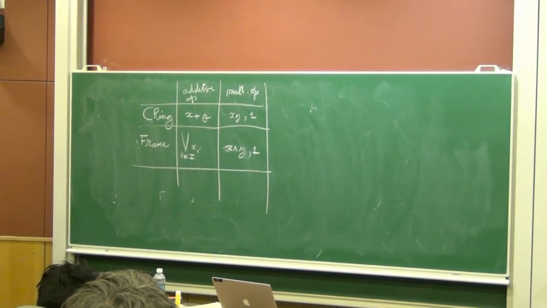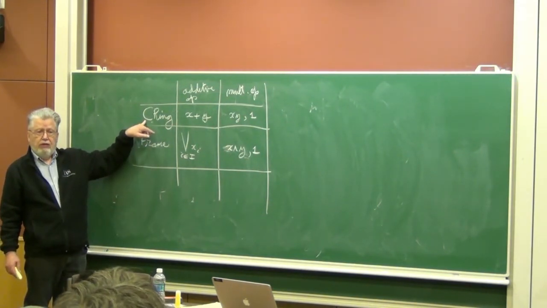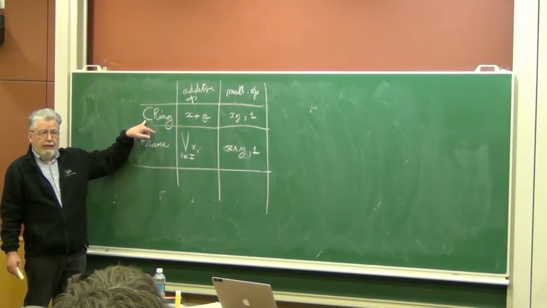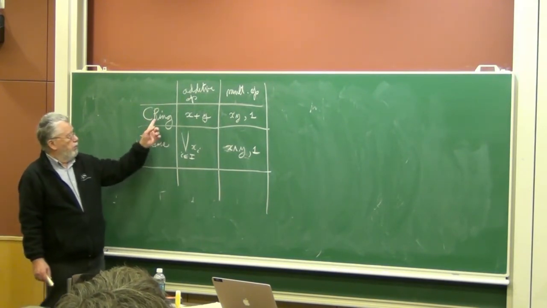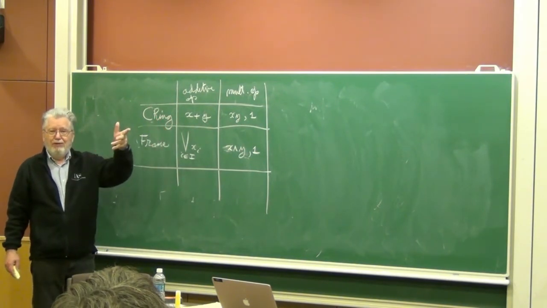And this analogy is very powerful because you can develop the theory of frames on the model of the theory of commutative rings. For example, an important construction in the theory of commutative rings is polynomial rings.